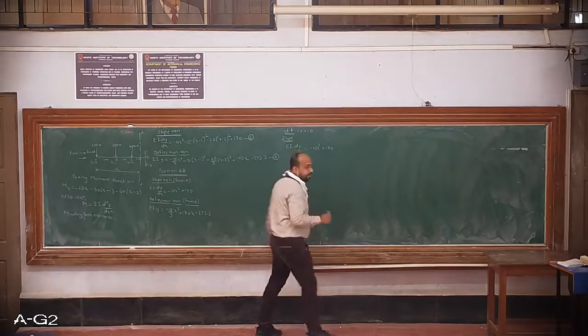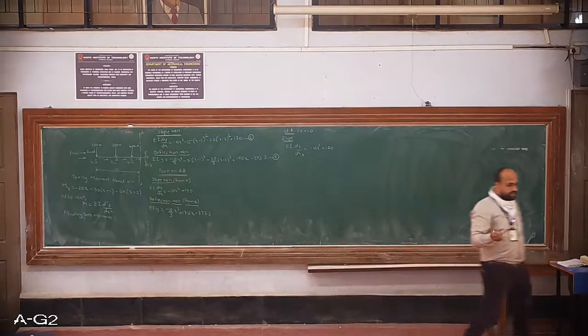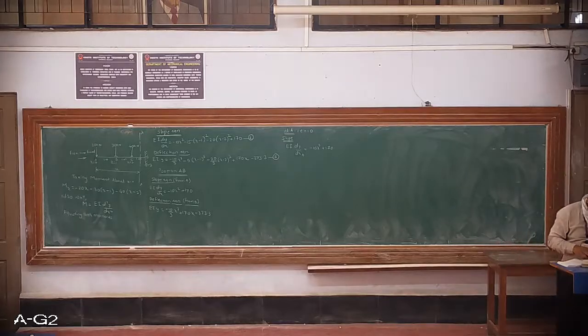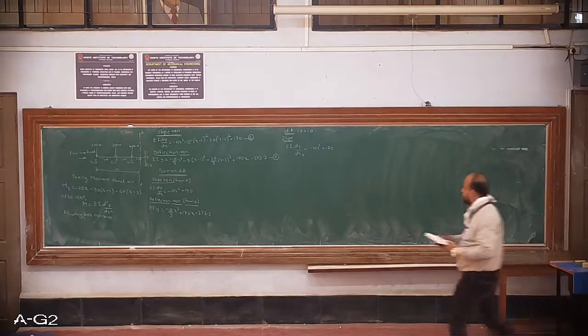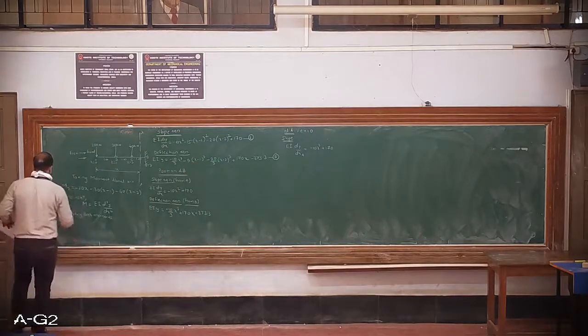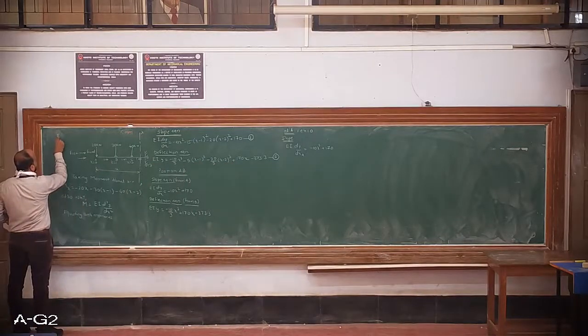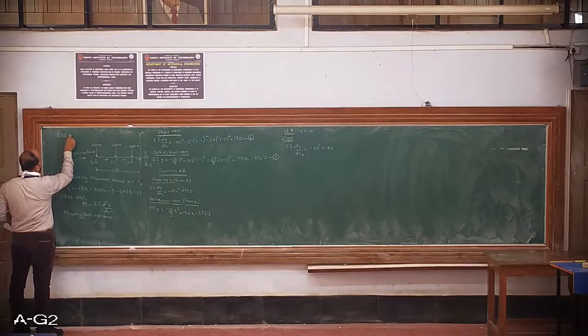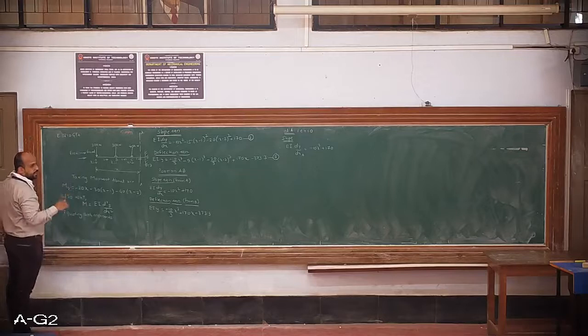So E and I values, I will just check. Newton and kilonewton and meter we have taken, so I need to modify those values also. E value is 210 gigapascal. Giga is 10 to the power 9, Pascal is Newton per meter square.